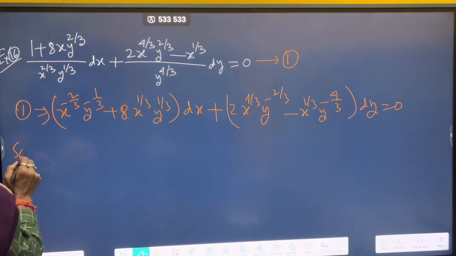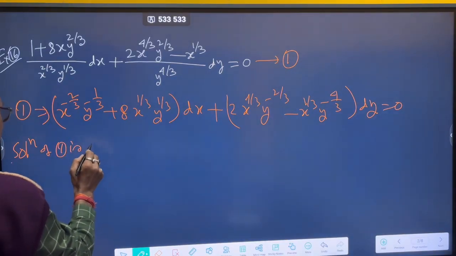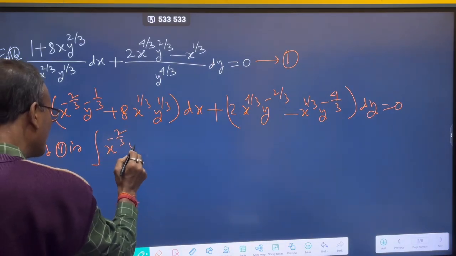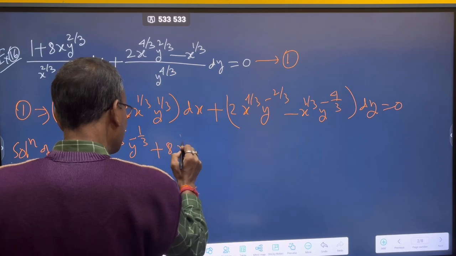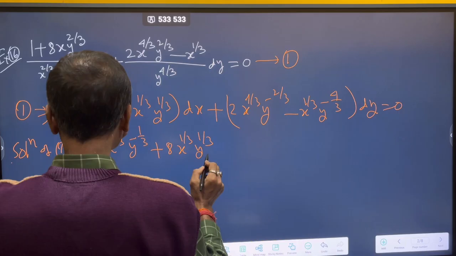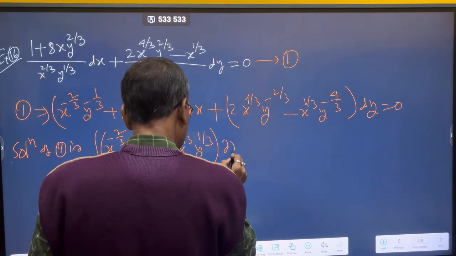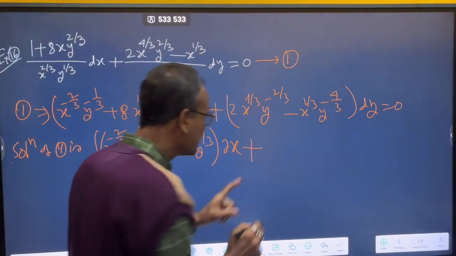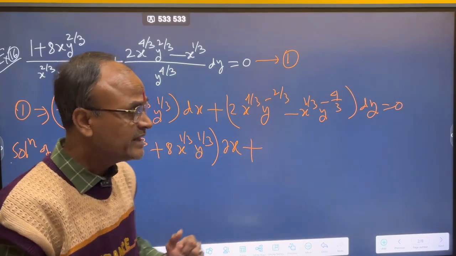Solution of 1 is integral M dx, x to the power minus 2 by 3 y to the power minus 1 by 3 plus 8 x to the power 1 by 3 y to the power 1 by 3 dx, integrating treating y as constant, plus taking only those terms in N which do not contain x.